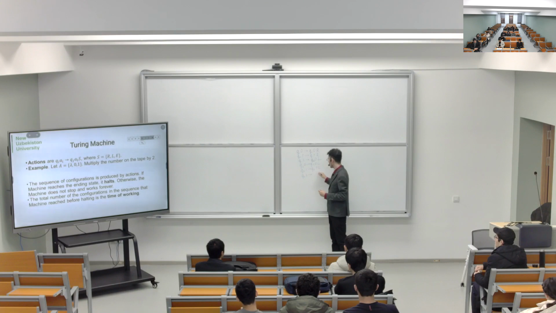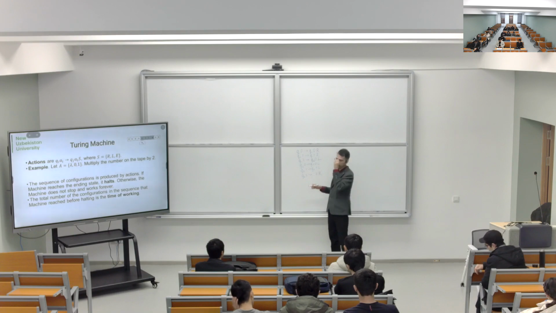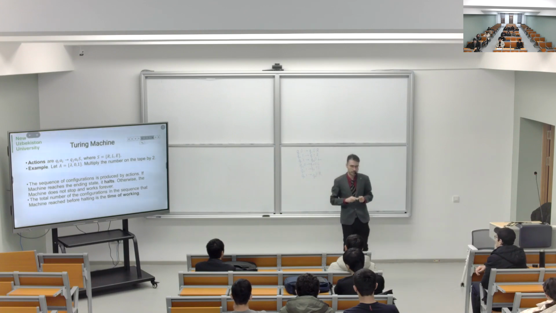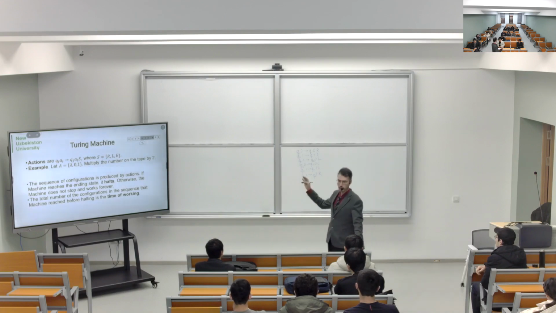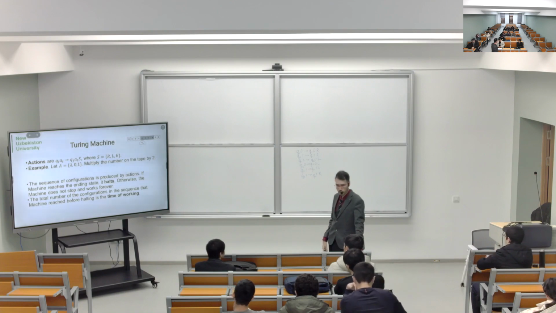We write lambda as well because we don't change the number. Q1 changed the number. Q2 doesn't change the number. It just moves left. And what should be here? Exactly. It should stop. And that's the code of our Turing machine. So multiplication by 2 can be done with this much code.